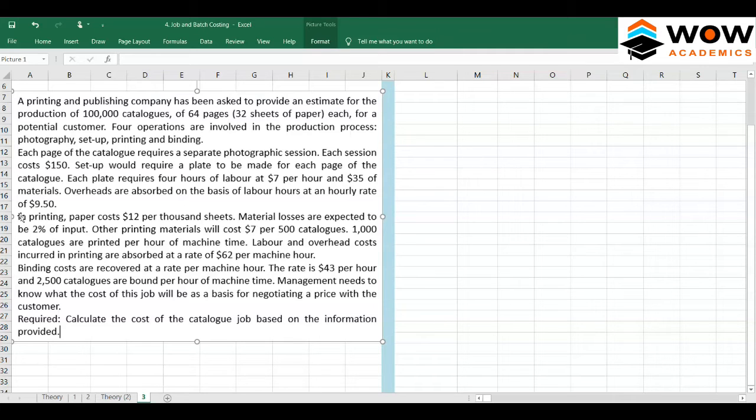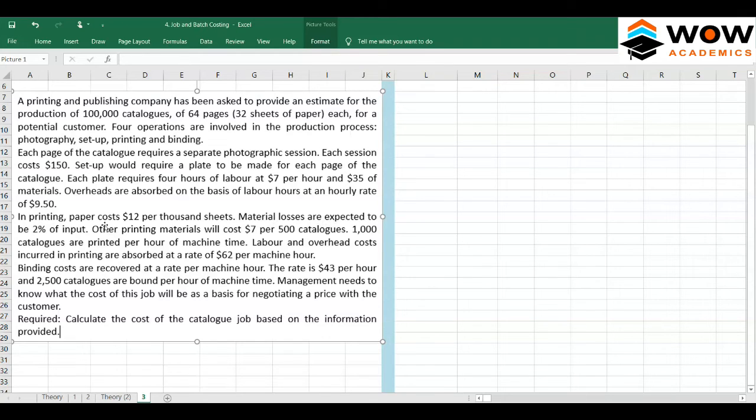Printing is going to be the third process. In printing, paper costs $12 per 1,000 sheets. For 1,000 sheets it's going to be $12. How much do we require? We require only 32 sheets. Material losses are expected to be 2% of input.